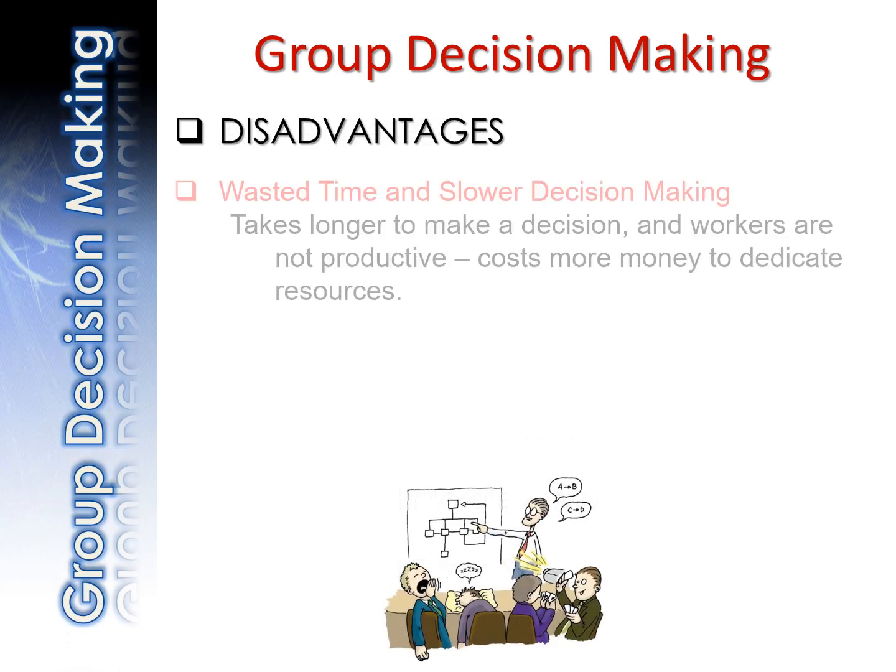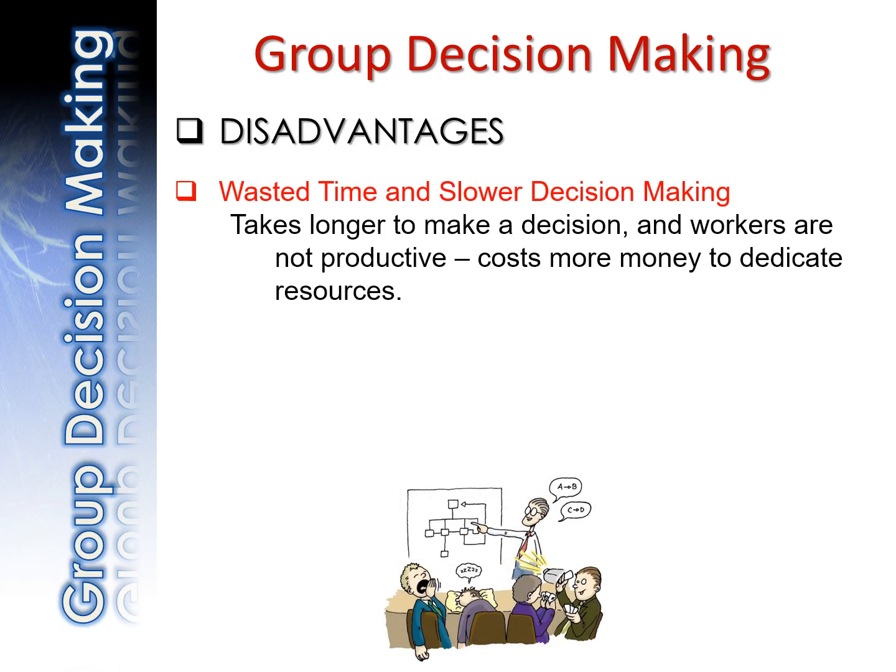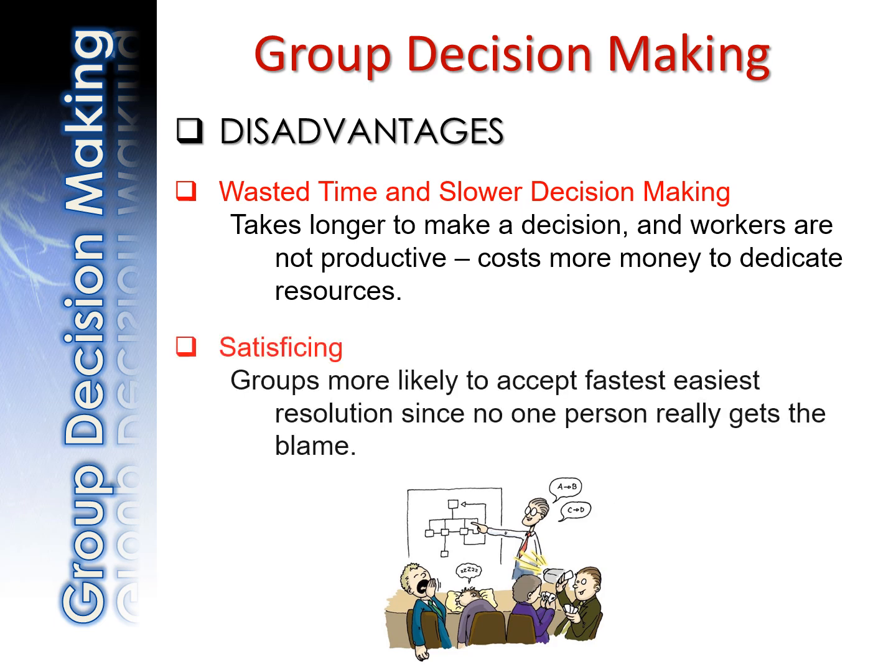The disadvantages, however, are wasted time and slower decision making. It takes longer to make a decision, and workers are not productive, so it costs more money to dedicate resources to it. And, of course, the old satisficing again: are groups more likely to accept the fastest, easiest resolution since nobody really individually gets the blame?